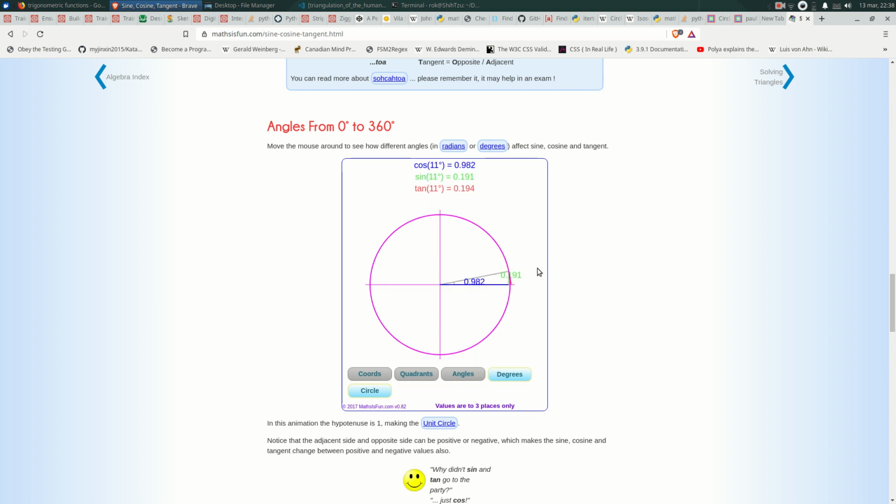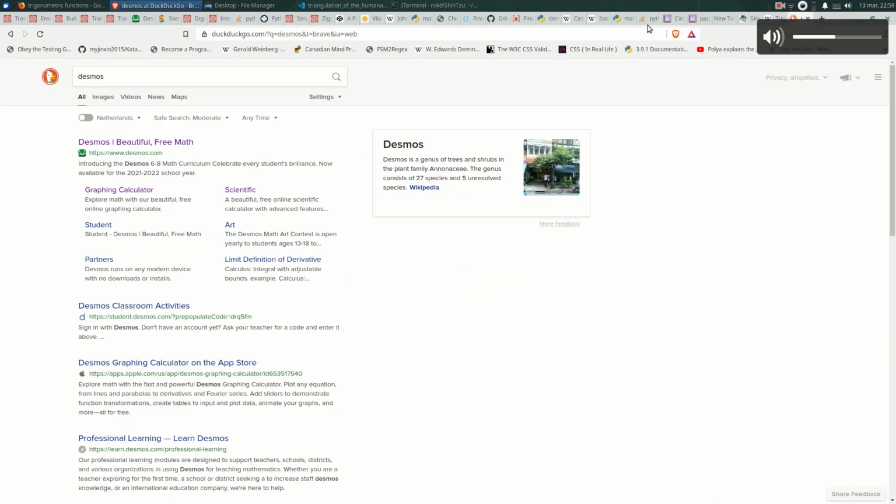Okay, so that's trouble. The good thing about sine is that it is not undefined. Just a sec. Right.